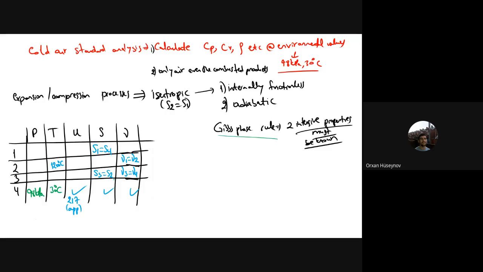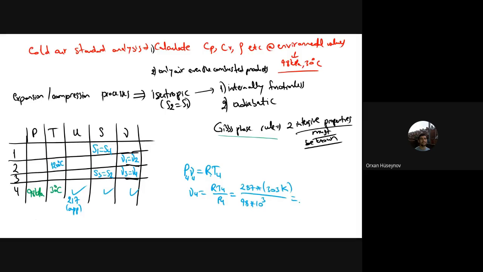Okay, now comes the specific volume value, and to find the specific volume value, it should be Pv equals RT. So P4 v4 is equal to R times T4. Okay, and from here I will find that v4 is equal to RT4 by the P4 value. Okay, and now replace the values. R for air is 287 multiplied with the temperature at 4, which is 303 Kelvin, should be in Kelvin scale, and P4 is 98 kilopascal times 10 to the power of 3.